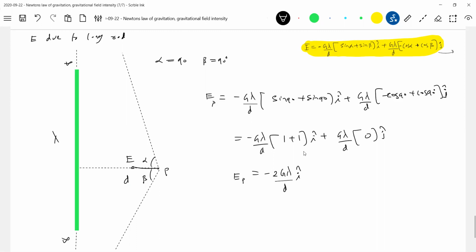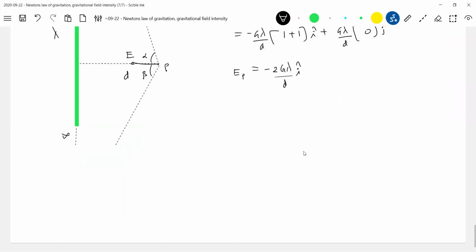After this, there's a long rod or infinite rod, a rod of infinite length. Next we'll go for a semi-infinite rod.